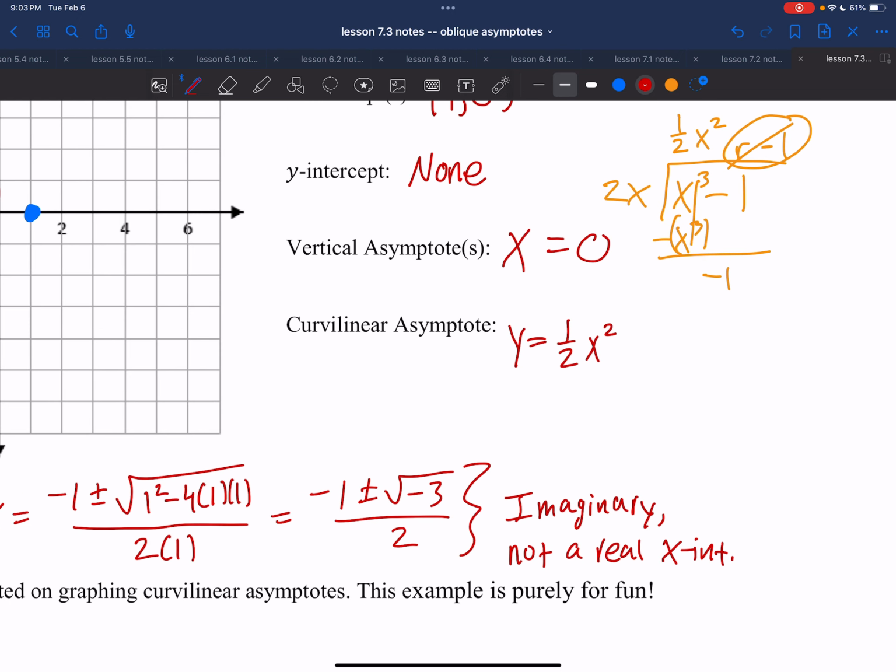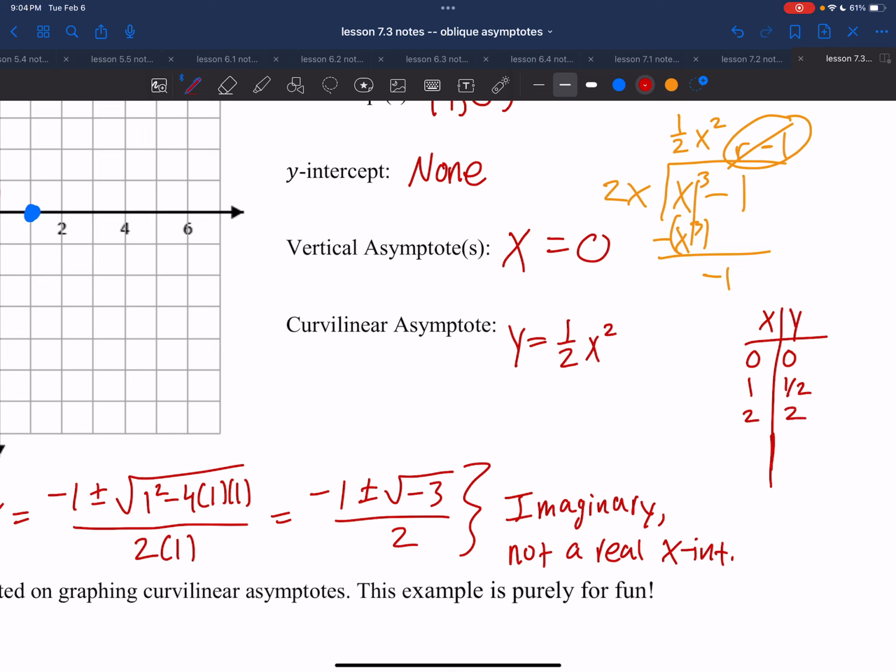What? The asymptote is a quadratic? Huh? Okay, let's make a table. Let's make x and y. So let's plug in points. 0 goes to 0 because 1/2 of 0 squared is 0. 1 squared is 1, take half of that, it's a half. Plug in 2: 2 squared is 4, half of 4 is 2.